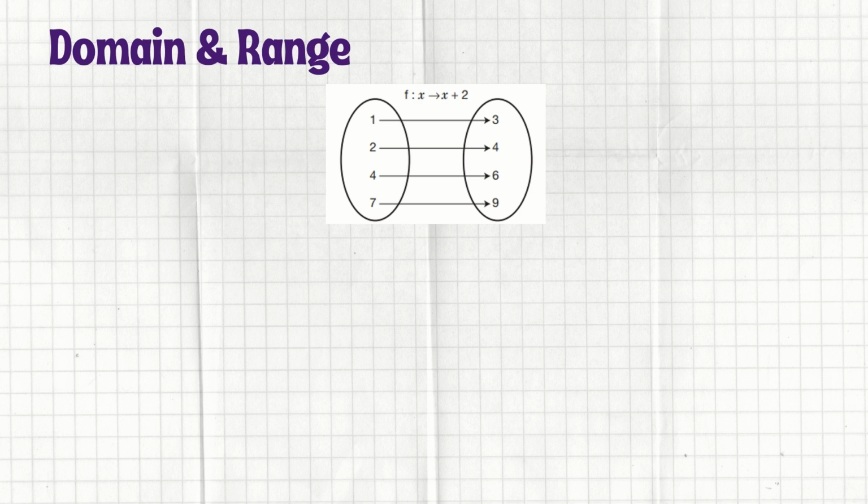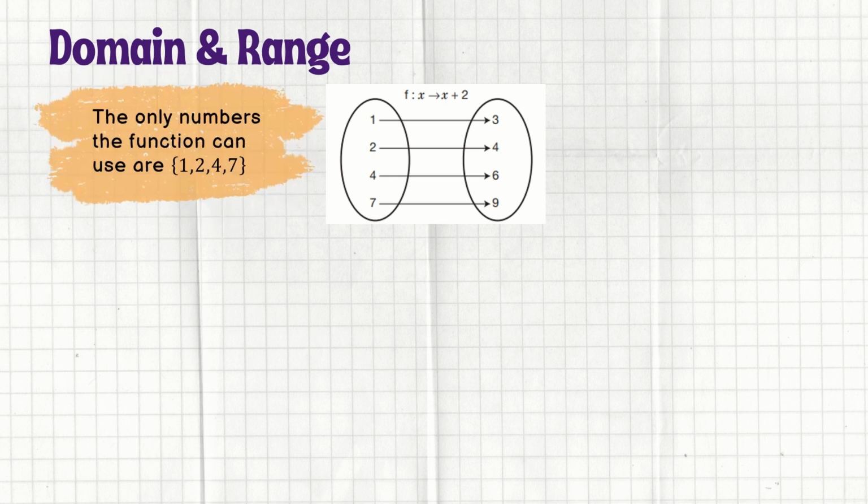Topic is domain and range. Okay, so look at this graphic. The only numbers the function can use are 1, 2, 4, and 7. So we call these numbers the domain.